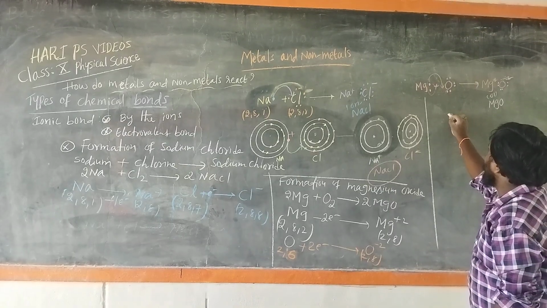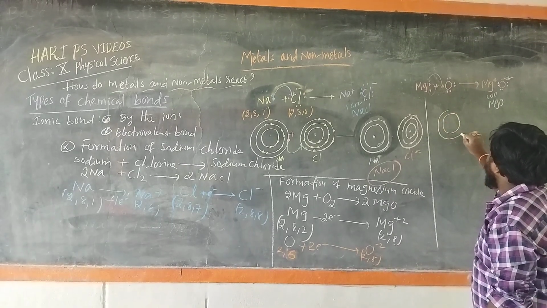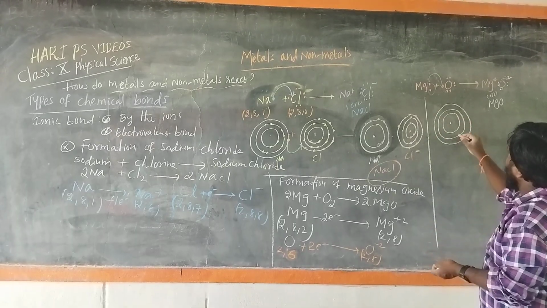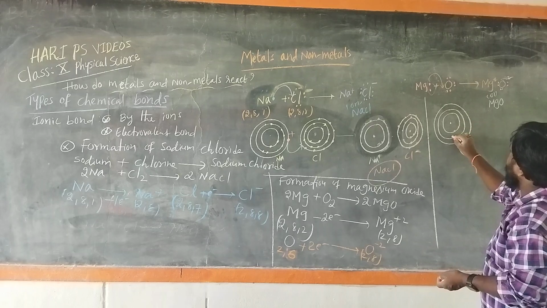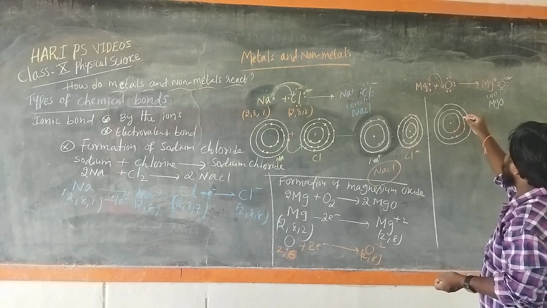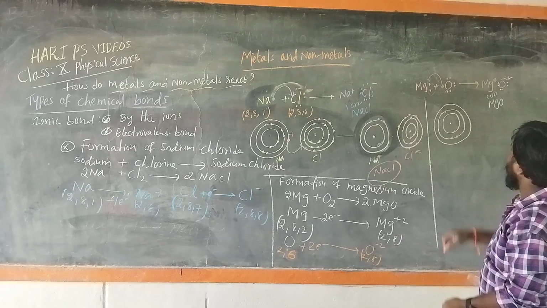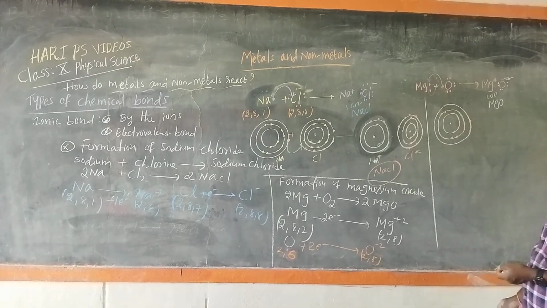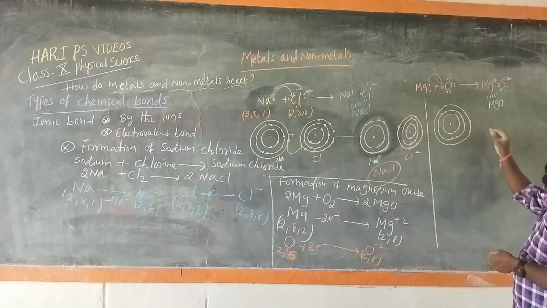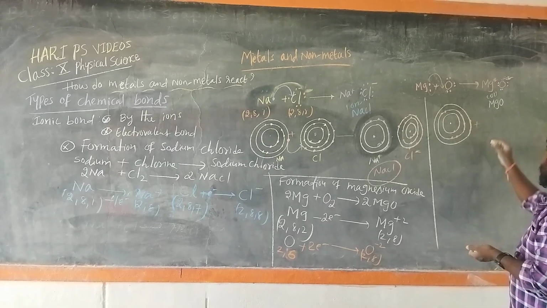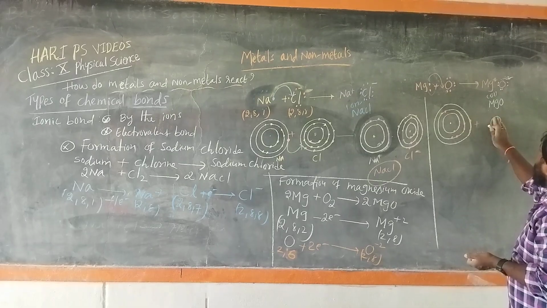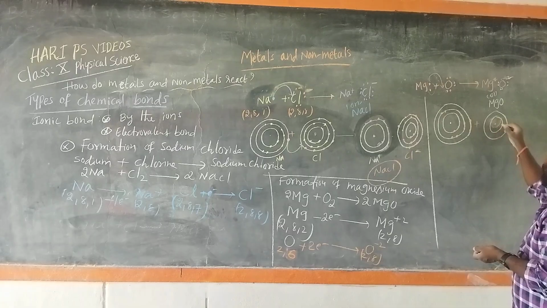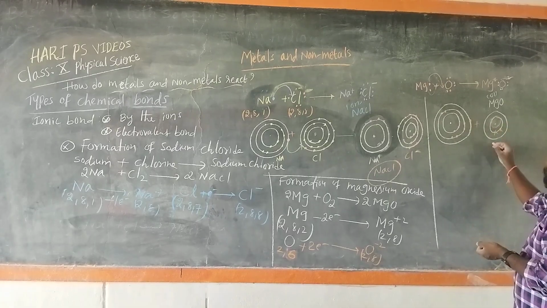So let us understand by electron structures. Magnesium has 2 electrons in the first shell, 8 electrons in the second shell, and again 2 electrons in the last shell. Oxygen has only 6: 2 electrons, then 6 electrons.